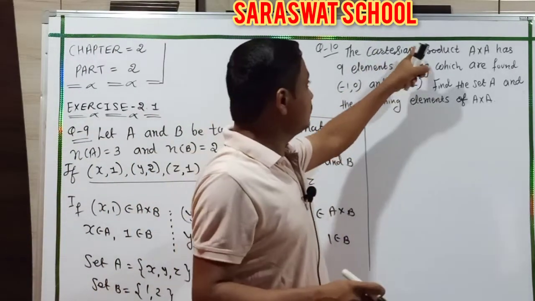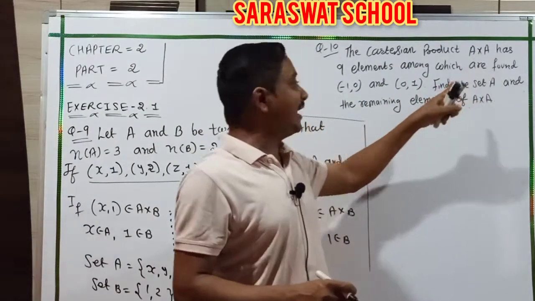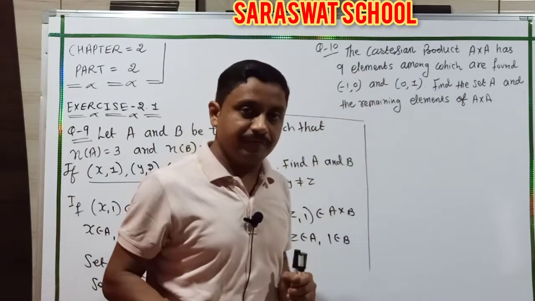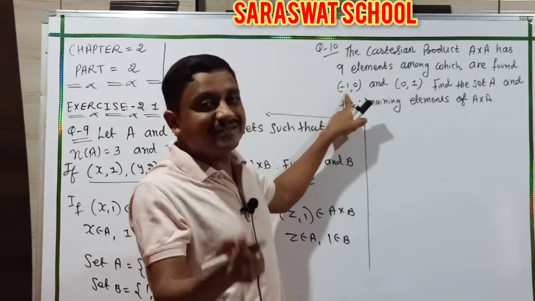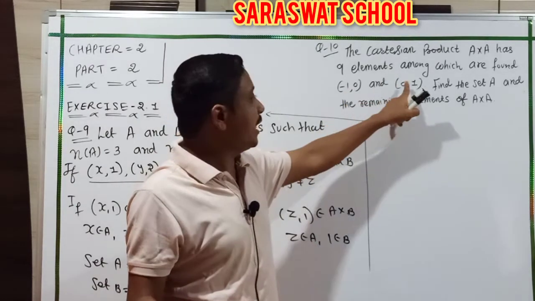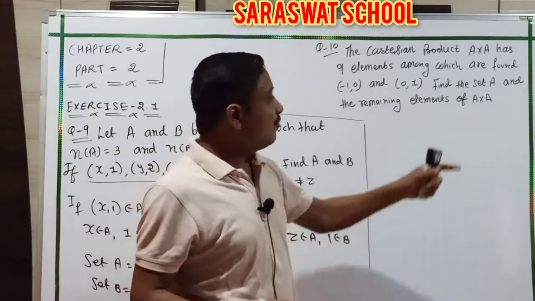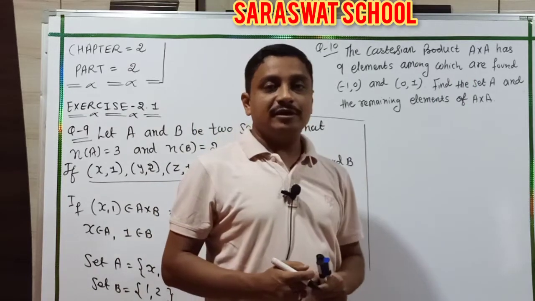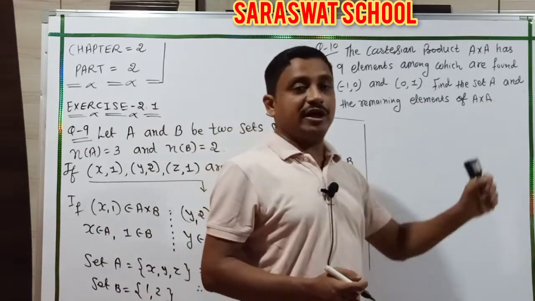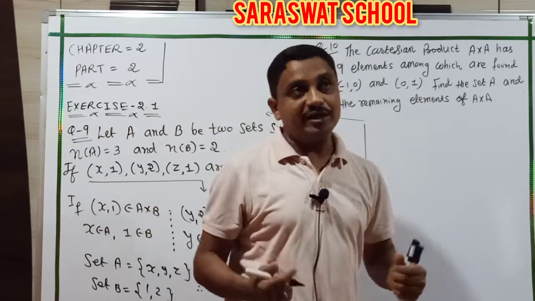The Cartesian product A cross A has a total of 9 elements, and some elements are given: (-1, 0) and (0, 1). Find the set A and also the remaining elements of A cross A. So it's very easy.